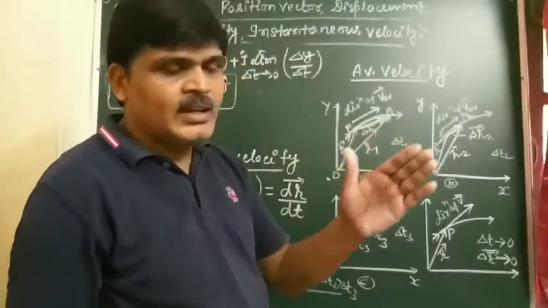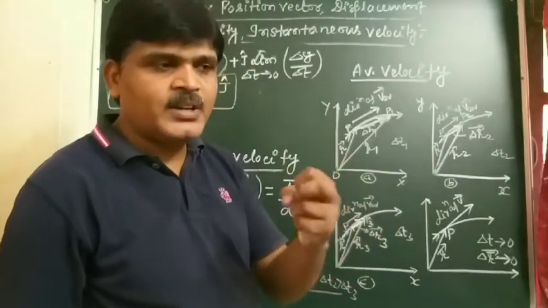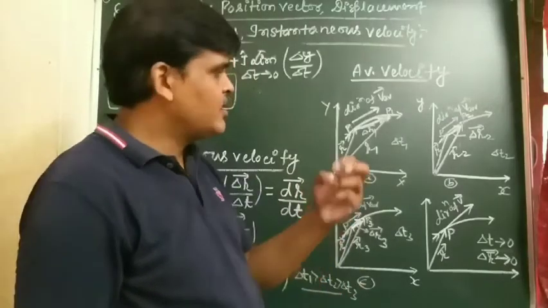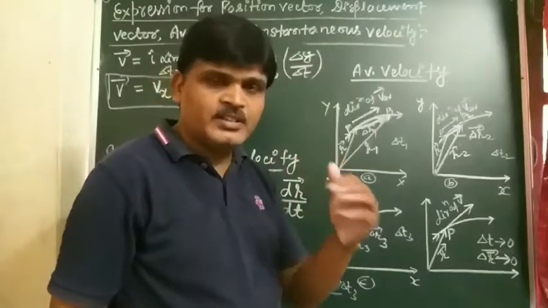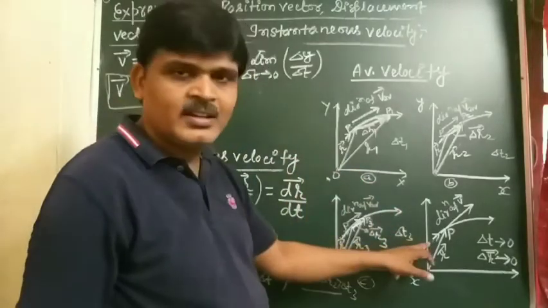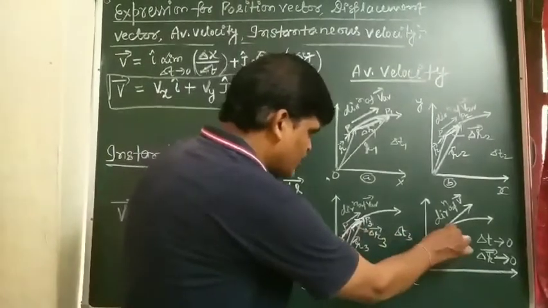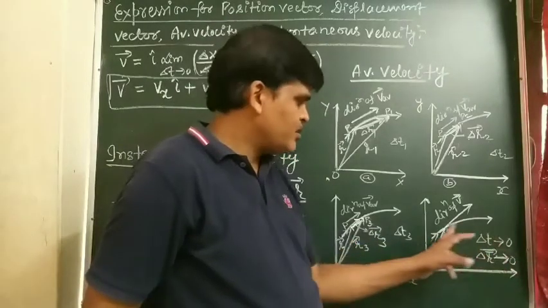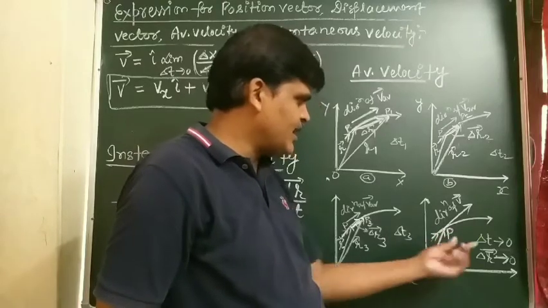So as the time interval, the limiting value of average velocity when time delta t tends to 0, or approaches 0, then average velocity changes to instantaneous velocity.